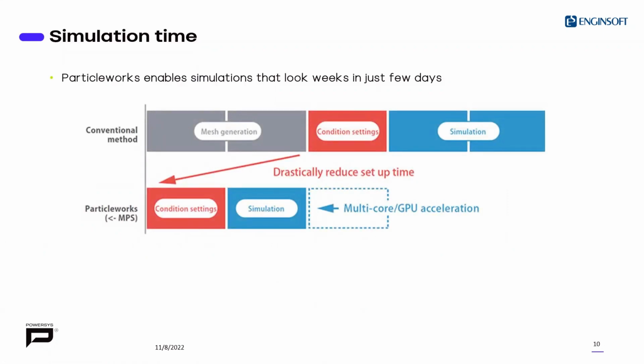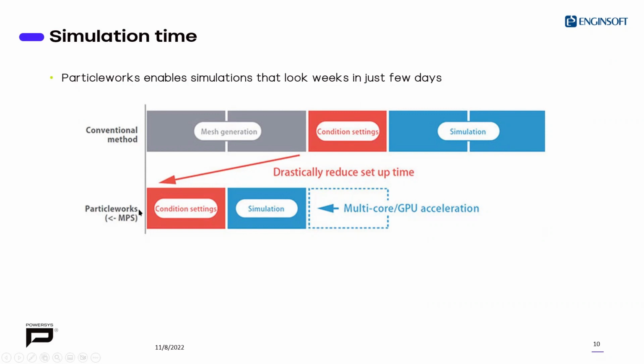If we look at the different steps to create and run a CFD model, in the standard or conventional CFD tool, we need to prepare a CAD, generate the mesh, define some conditions, and run the simulation. This conventional method generally takes a very long time. Now with Particleworks, based on the MPS method, there is no need to generate the mesh.